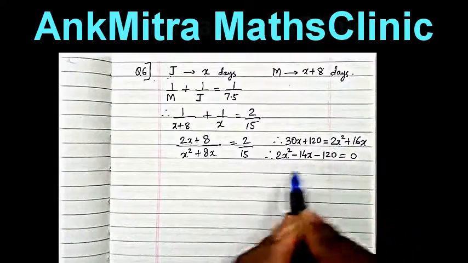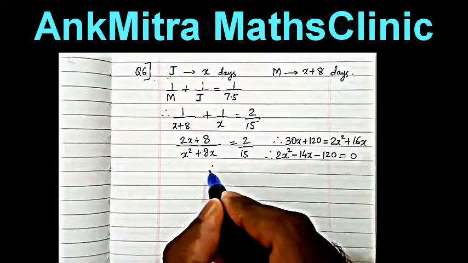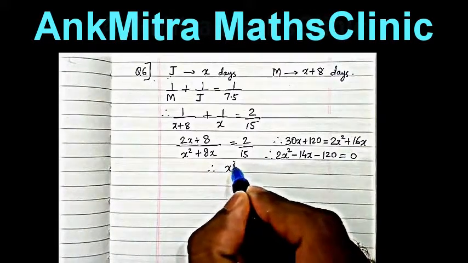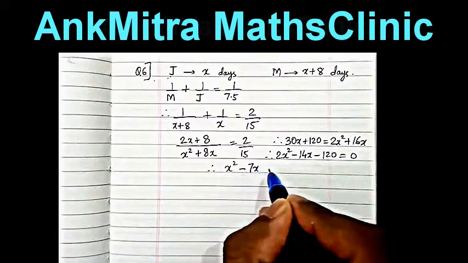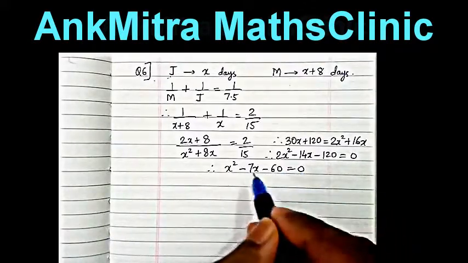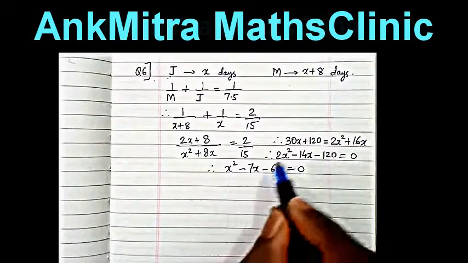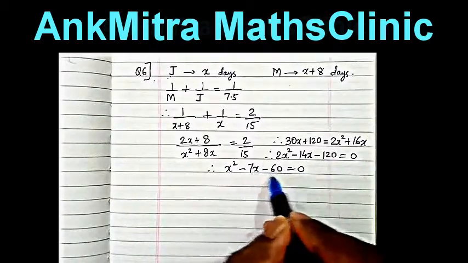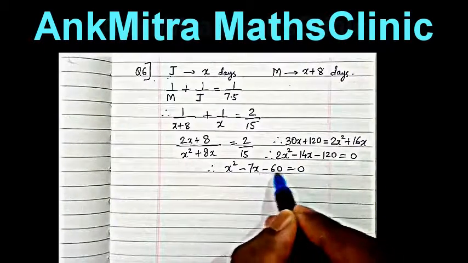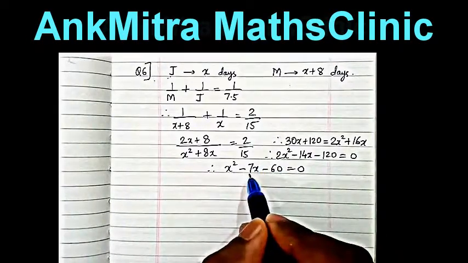Now this entire equation can be divided by 2 to arrive at a simpler form of the equation. Therefore it will be x square minus 7x minus 60 is equal to 0. Now we have a proper quadratic equation, and to solve it, as we know, we have to factorize this minus 60 in such a way that the addition of the two factors should be minus 7.